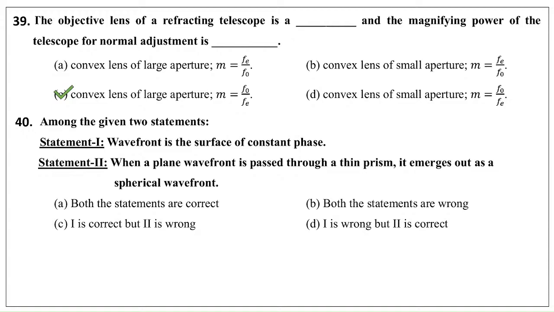Next. 40. Among the given two statements. Statement 1. Wavefront is the surface of constant phase. Statement 2. When a plane wavefront is passed through a thin prism, it emerges out as a spherical wavefront. Answer is C. 1 is correct but 2 is wrong.